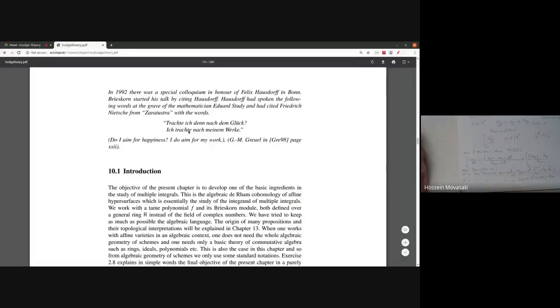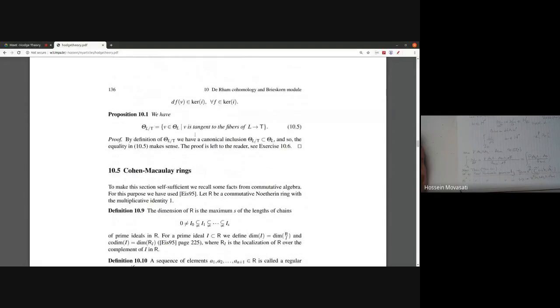So the proof of this, as you see in my book, I have tried to write down everything for arbitrary Cohen-Macaulay rings, and for this reason it has become a little bit longer.